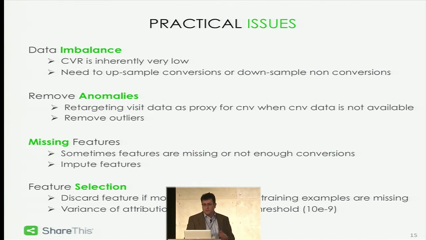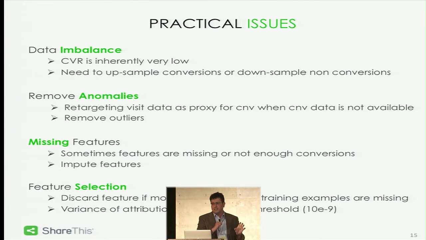There are also anomalies in the data, so not for every campaign we have the conversion data. In that case, we need to proxy the conversion. What that means is we use the retargeting visits, because we have the pixels on the site and we get the information from there.